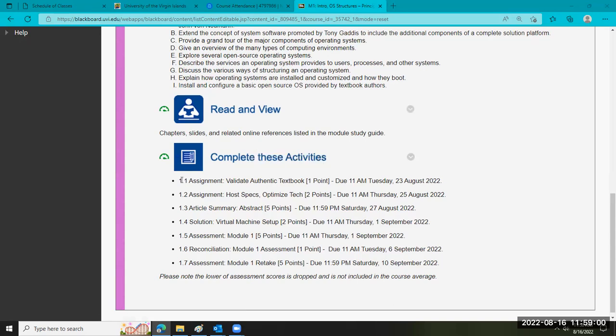And I may have mentioned this in previous classes, but if they're ordered in a certain sequence, it's really important to complete the activities in that sequence. So the first two assignments, then the article summary, and then the solution before you hit the assessment. There will be concepts that are covered in the assignments and the solution that may present as assessment items.